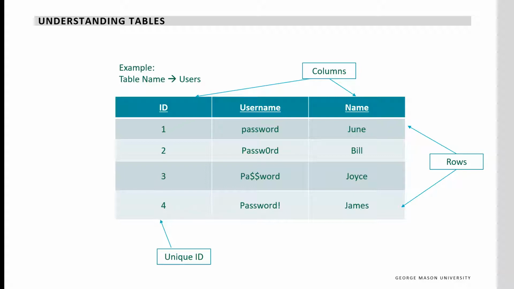Each relation is composed of records or attributes or fields, essentially the same thing, but often used interchangeably. The physical order of records or fields in the table is completely immaterial. And each record in the table is identified by a field that contains a unique value. So you can see here where the unique ID is and how the columns and the rows of the table are set up.